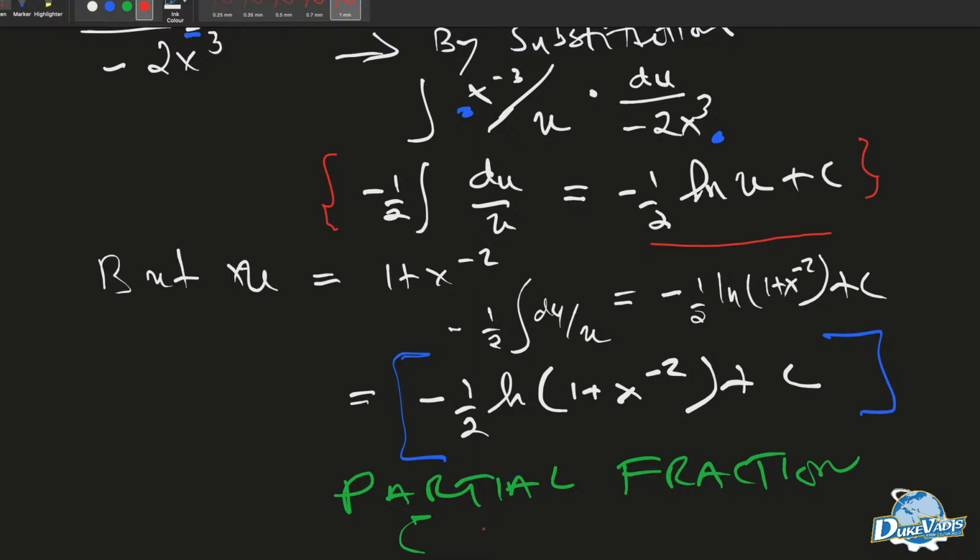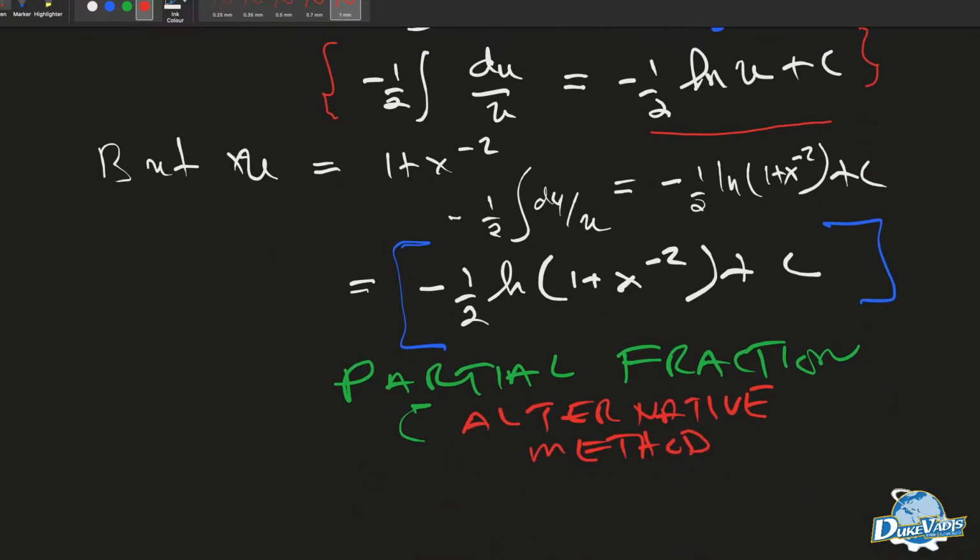So this alternative method: our question is the integral of 1 over x cubed plus x.